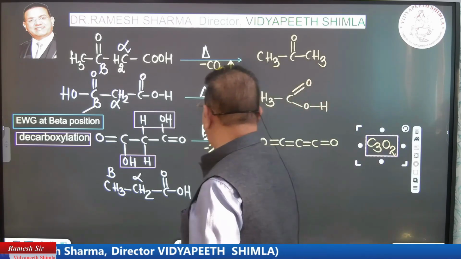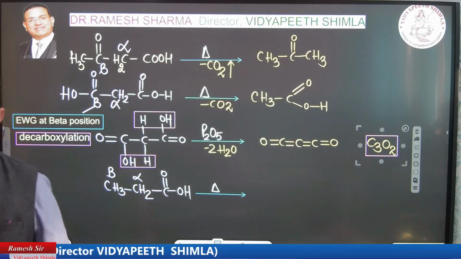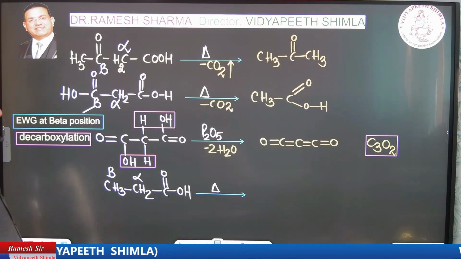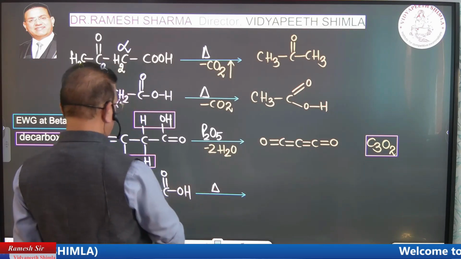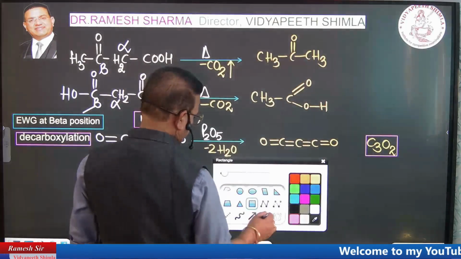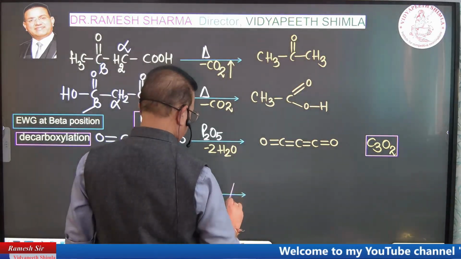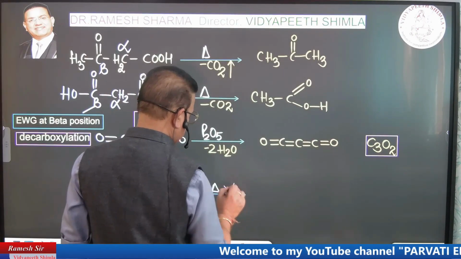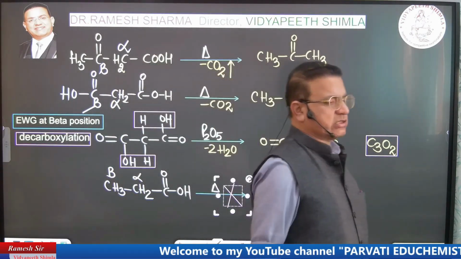This C3O2 is called carbon suboxide. But if there is no withdrawing group at beta position, no decarboxylation will occur.